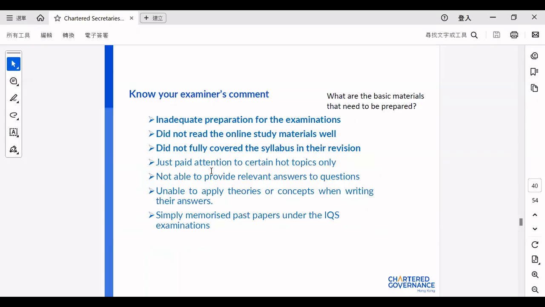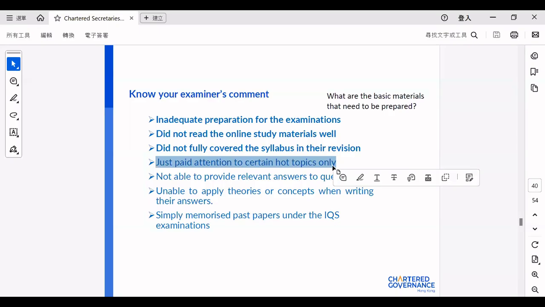I think I don't need to go through all these things. Most of these we have talked about before, except this one, which is to pay attention to the hot topic. Actually, I've told you about this already.